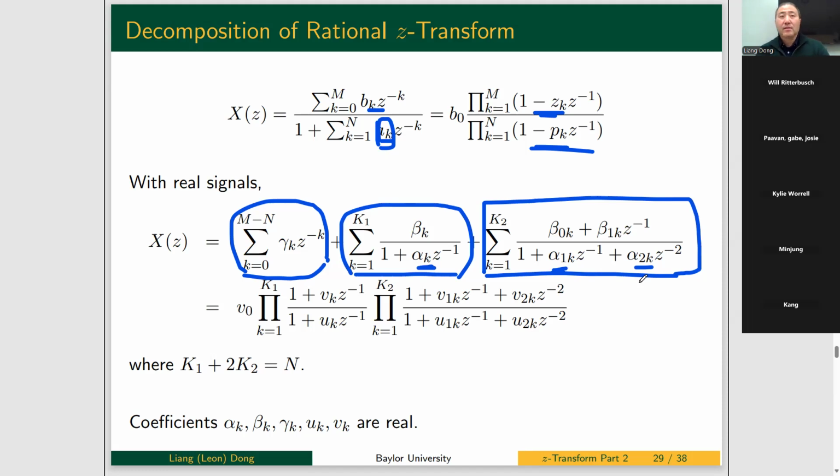That's why I said that for the denominator, second order is the highest I can get. If you have third order, you can always decompose that. Make sure everything is real. So on this page, these coefficients are real: alpha, beta, and then gamma here. And of course, if you want to find these poles and zeros, all these are real.